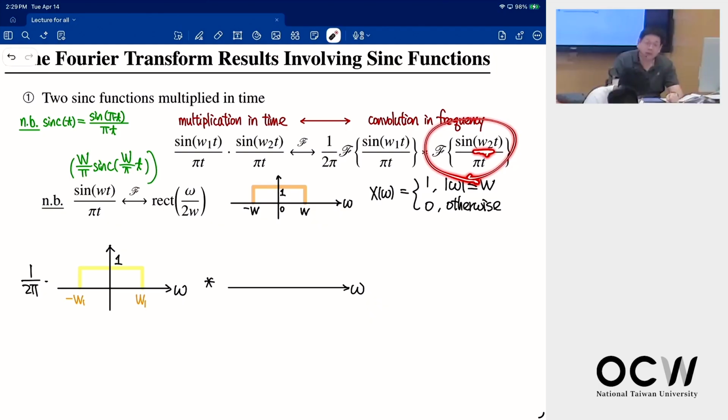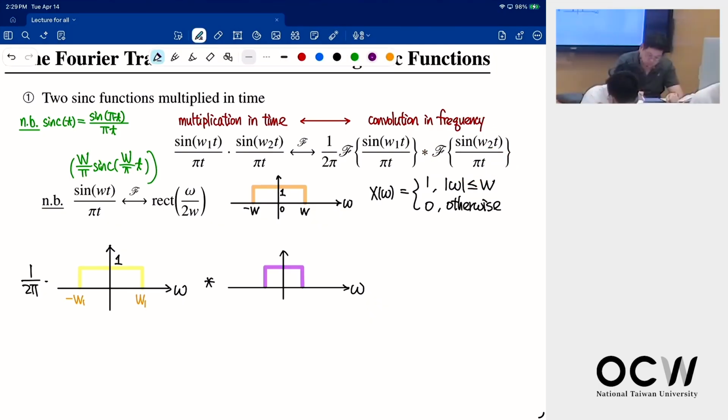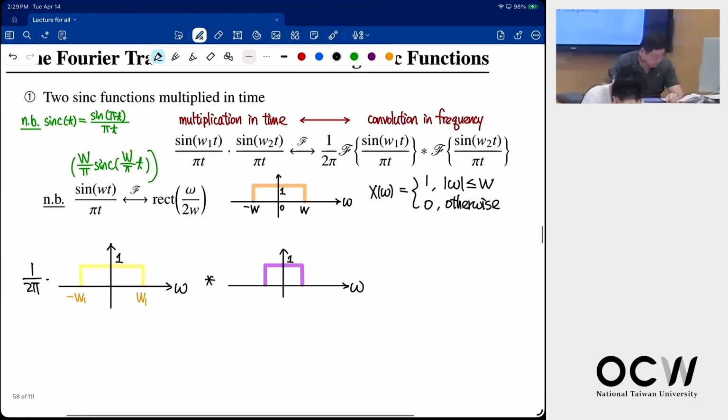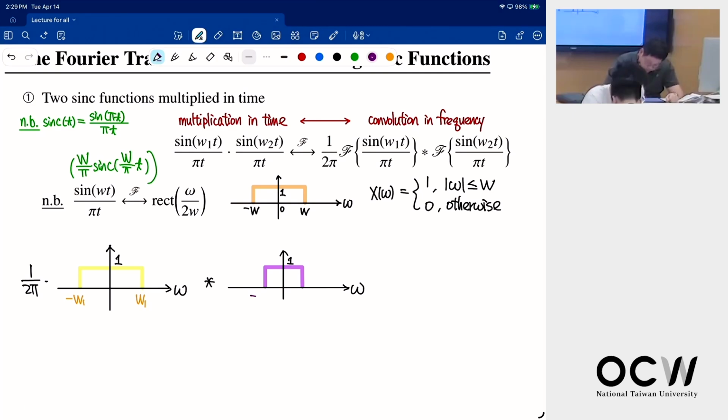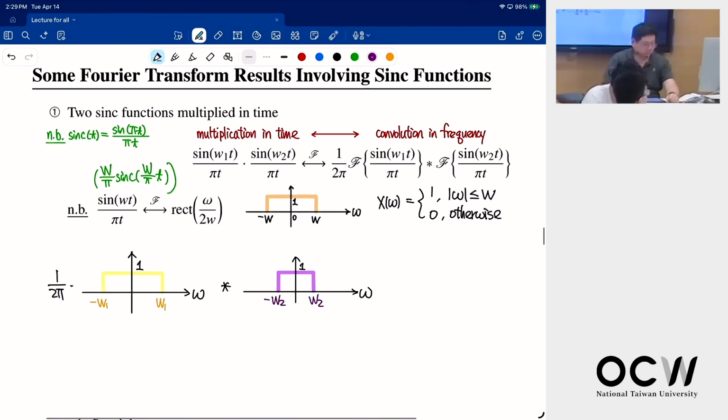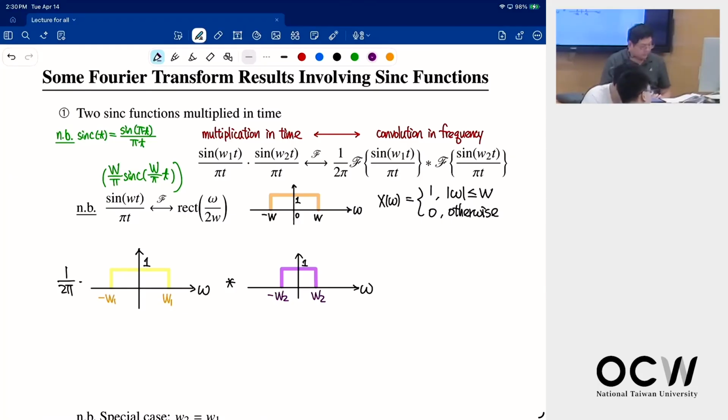So my width should be 2W2. So here's 1 and then from minus W2 to W2. We learned this before, right? When we talked about the convolution of two rectangulars. If I do the convolution, what do we have? Either a trapezoid or a triangle, right?